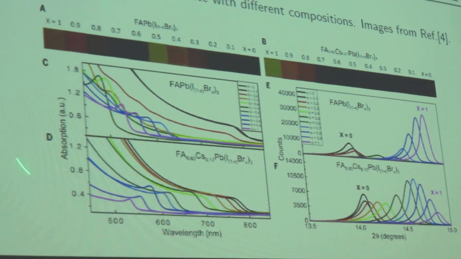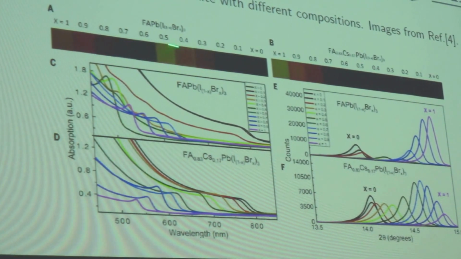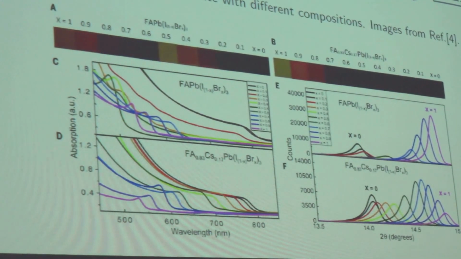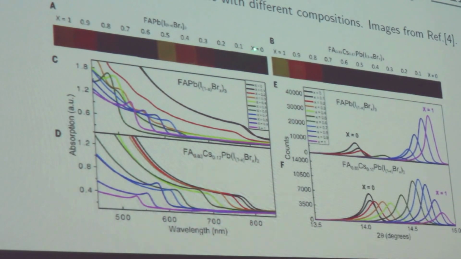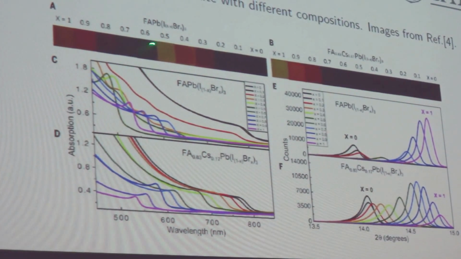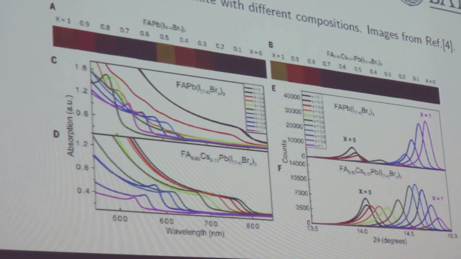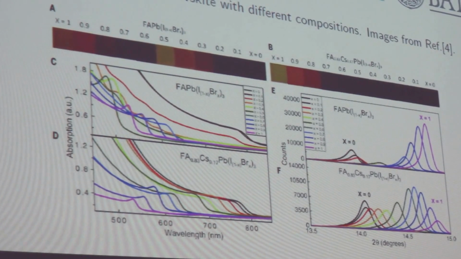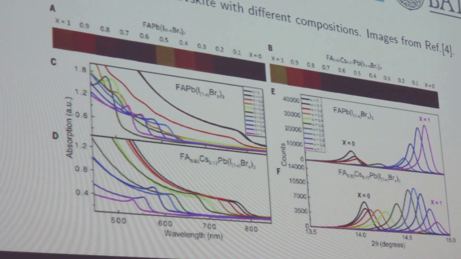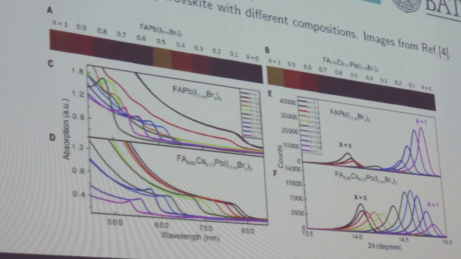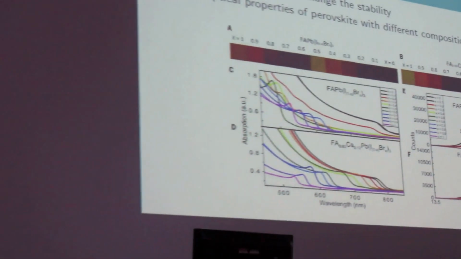I want to point your attention to this compound here. You see that when you change linearly the composition of the halide, there is a point here where you have a bleaching. You have a bleaching because the material is unstable, and that happens more or less for 50% composition of iodine and bromine. So we wanted to understand why that happens, and we did some thermodynamic modeling.